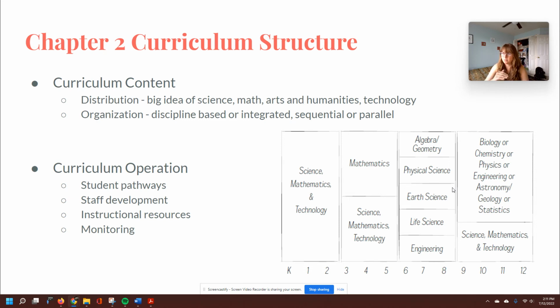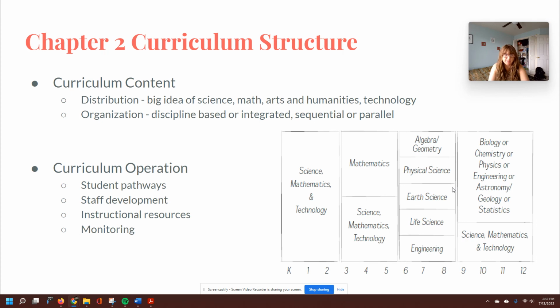I've taught Algebra 2 and Geometry as separate courses, but in integrated math, you'd have Algebra 1, then Geometry, then Algebra 2, and the geometry concepts are taught in an integrated method. That's just a different way that your curriculum content can be organized. You need to make a decision about that.